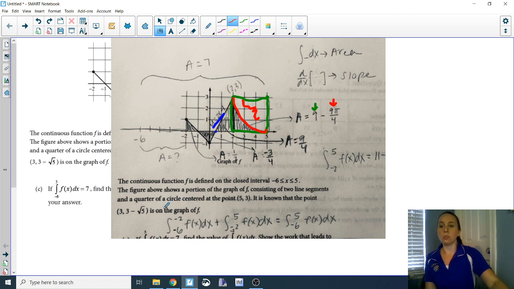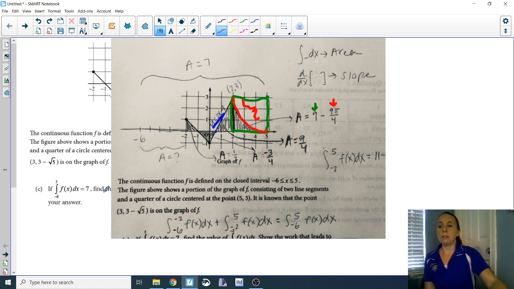Okay, and here's why. Take a look at this piece now that I wrote above part C for my work when I did it. I used a property of integrals. It's called additivity. At least that's what I call it. That says that if you have the integral from one interval and then you pick up with the upper limit of that first interval to do another integral, you can add those pieces together and that gives you the overall.